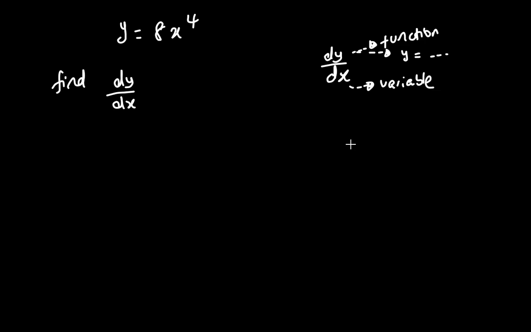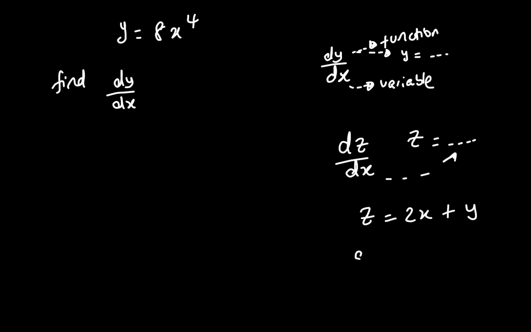Alright, so if I have dz over dx, what should you expect? You should expect that the function is z is equal to something, and in that something there, the variable is x. Meaning that if I have z is equal to 2x plus y, when I say dz over dx, I'm respecting x, and any other variable is taken as a constant.